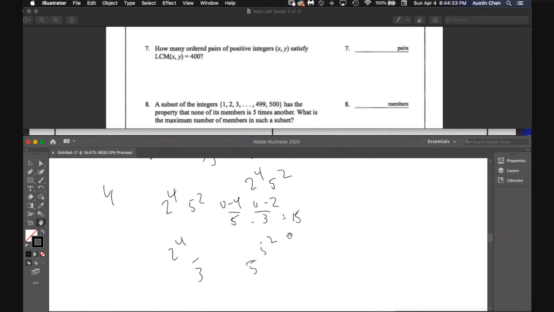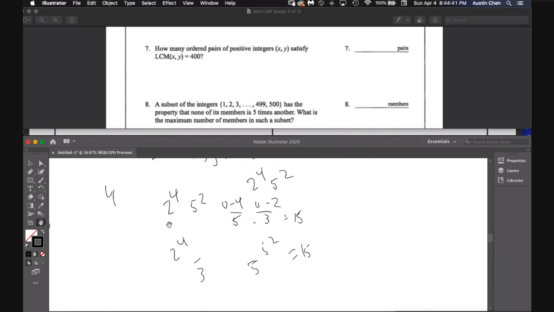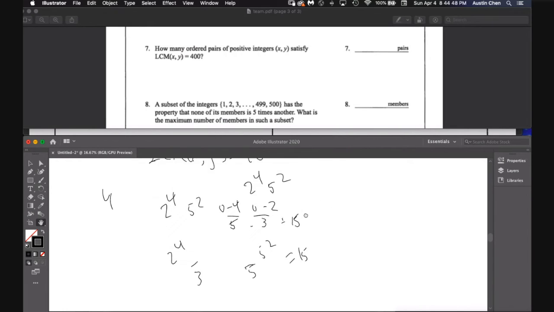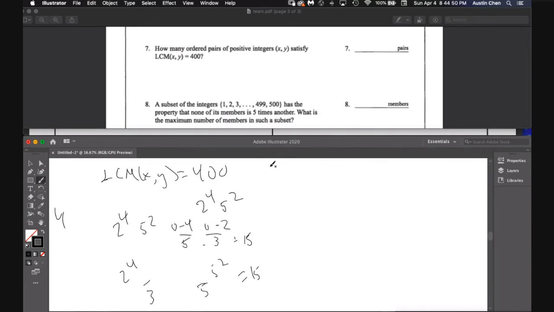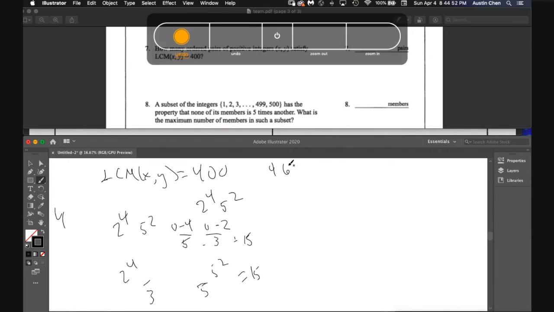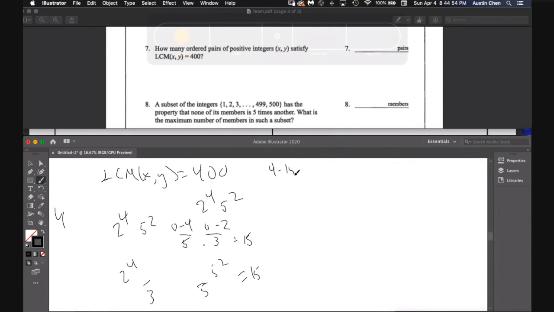So in all of these cases, it looks like they're going to be 15 cases, and it looks like we're going to have 4 cases in total, right? That's just the number of ways to arrange where these two big factors can go. So then that would just give us 4 times 15, which would give us 60 cases or pairs, right?